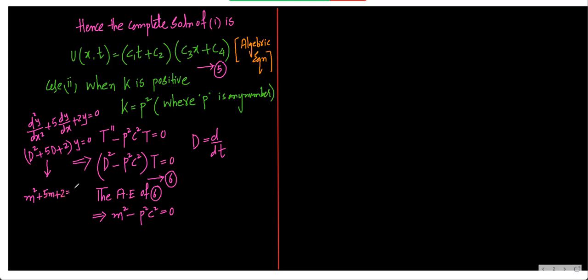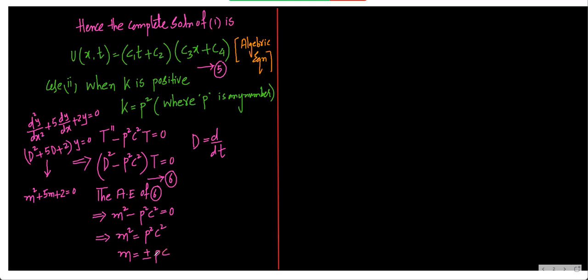In a similar way, we have to write the auxiliary equation here. Now square will go that side, minus will go that side, becomes plus. M square value is equal to what we will get here? p square c square. So square will go that side, becomes root plus or minus, square and root cancel. I'm getting my value of m is plus or minus pc, correct?